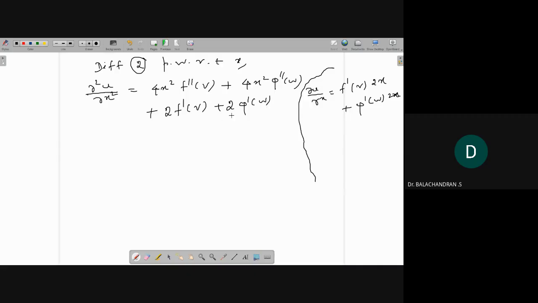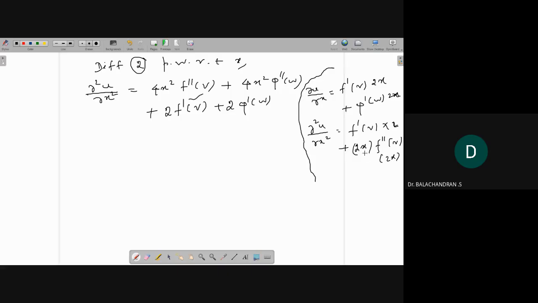So please check it. Here it is written directly, otherwise I need to explain here. Dou square u by dou x square equal to: if you keep f dash of v and differentiate 2x, you get 2. So 2 into f dash of v is here, and you keep 2x as it is. If you differentiate f dash of v, you get f double dash of v, and differentiating v, which is x square plus y, you get 2x.